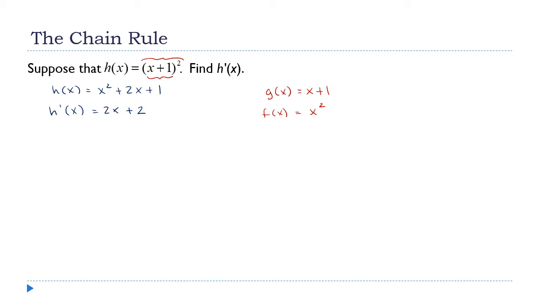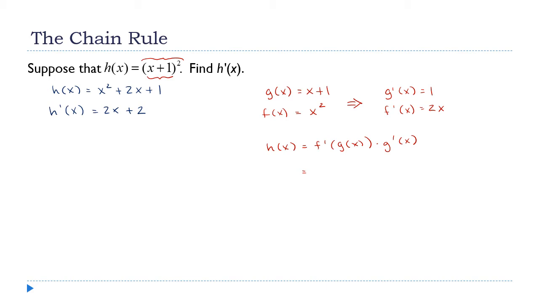Okay, so the next thing, I know I'm going to need the derivatives of both of these, so let's do those real quick. g prime of x is 1, and f prime of x is 2x. All right, now here's what my chain rule says. My chain rule says that h prime of x is equal to f prime of g of x times g prime of x.